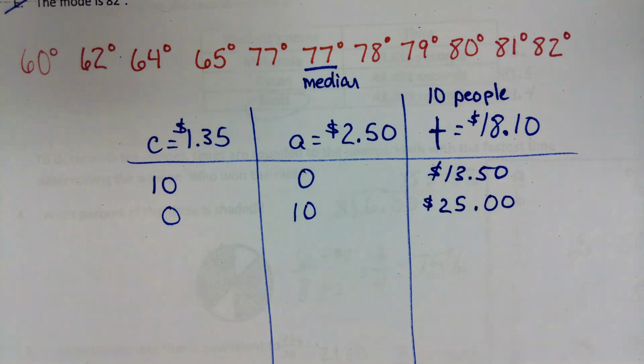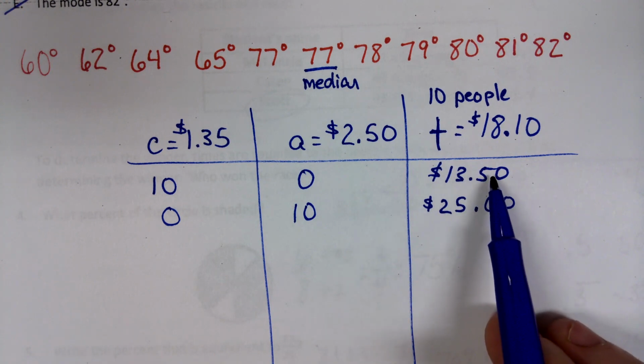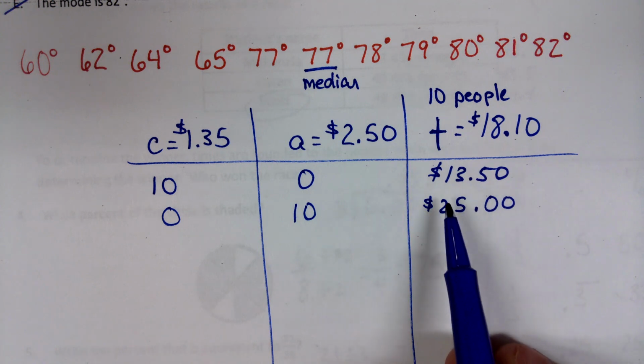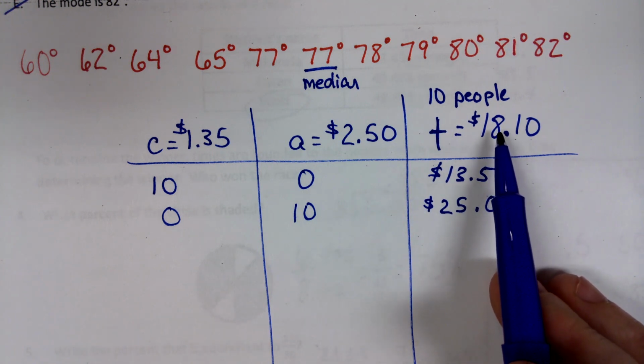Now here's where I find doing those extremes helpful. Because even though I'm almost certain neither one of them is going to be correct, it can help me figure out where to start guessing and checking. As I look, only kids was $13.50, a little more than $4.50 away. Only adults was $25. That's almost $7 away.